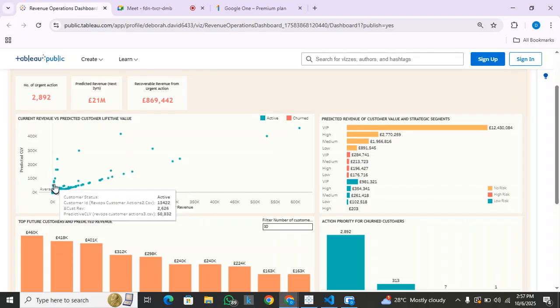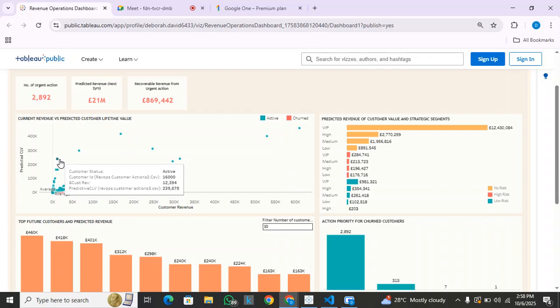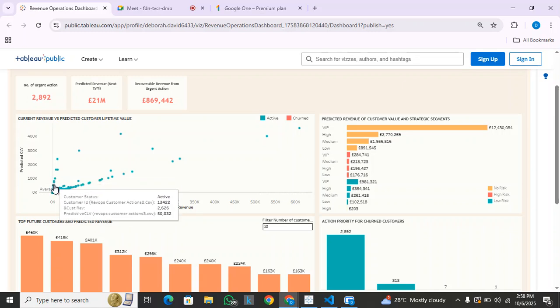And we see that yes, these customers actually have potentials, right? These customers that are not doing well currently have potentials to bring in a lot. So these customers need to be identified. The data for this has been provided. It's in the folder for the revenue operations and marketing team to look into.